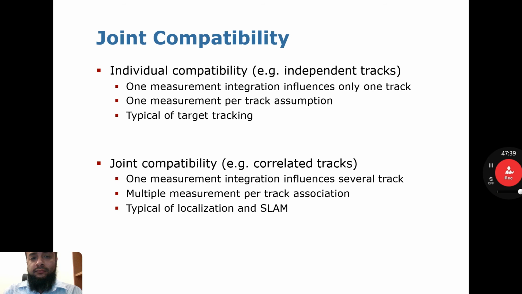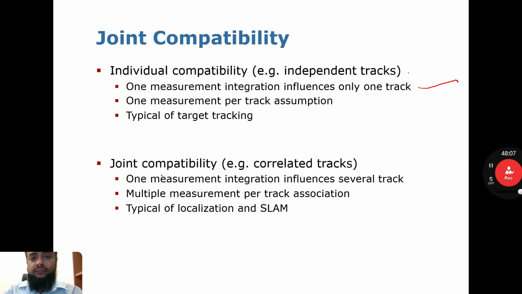In the case of joint compatibility, there is a comparison. Individual compatibility is like a single target, with independent tracks. For the independent tracks, one measurement includes only one track, like in single target tracking. One measurement per track is the assumption typical of target tracking.